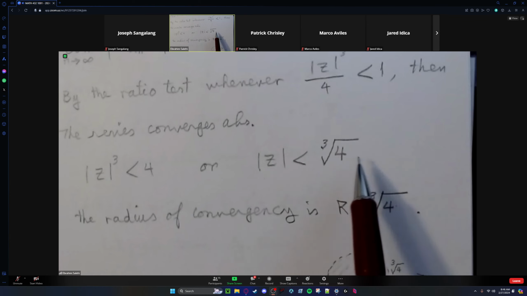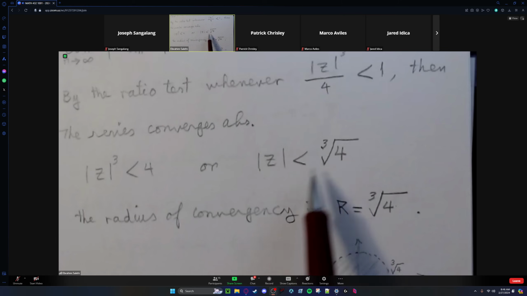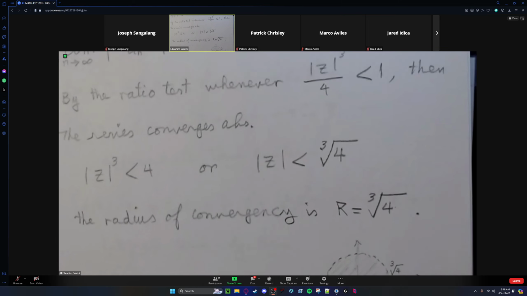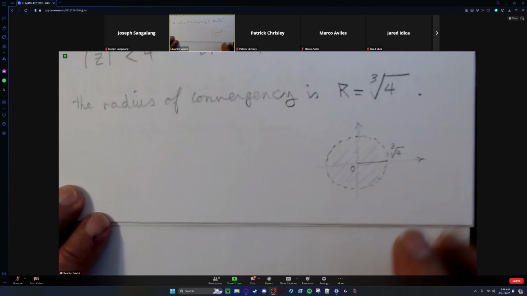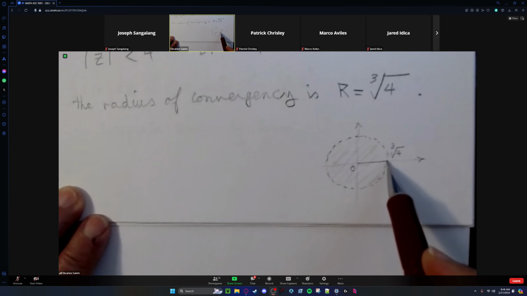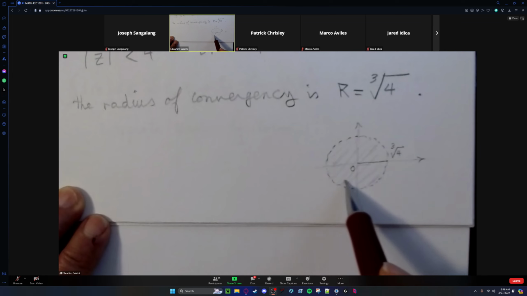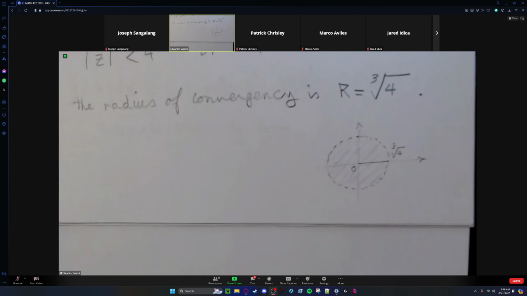So that is the radius of convergence. The center is 0, and the radius of convergence is the third root of 4. You choose any point inside, the power series converges, otherwise it diverges.